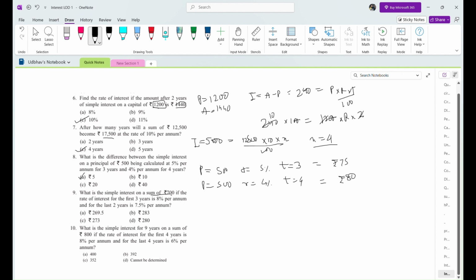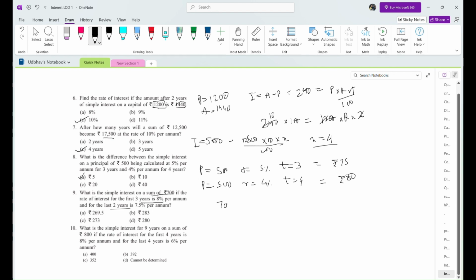What is the simple interest on a sum of 700 if the rate of interest for the first 3 years is 8%, for the last 2 years is 7.5%? Okay, so we are given two interest rates, so we have to divide it.